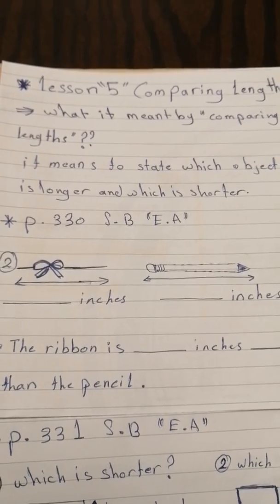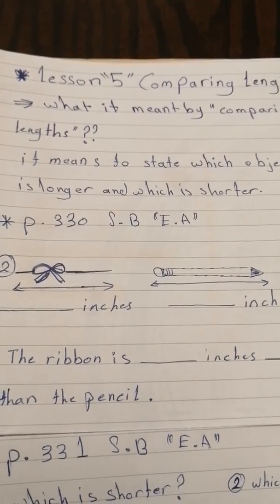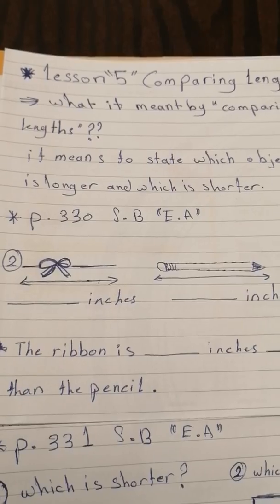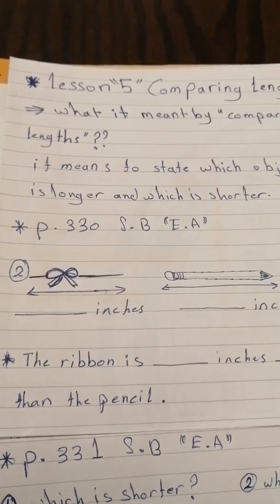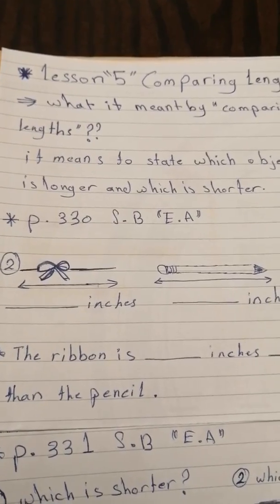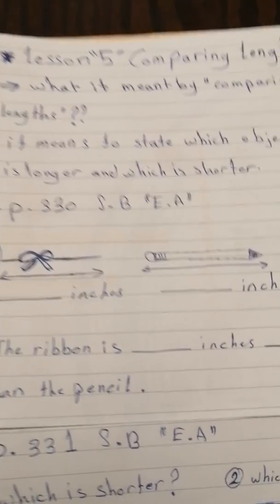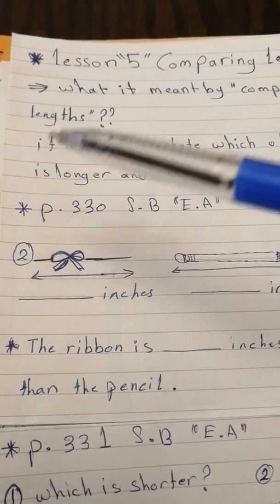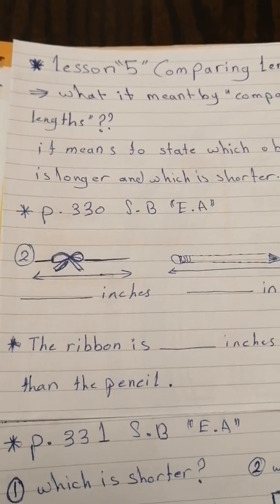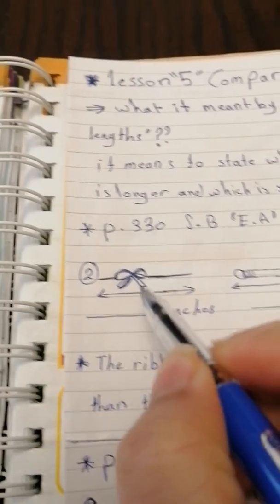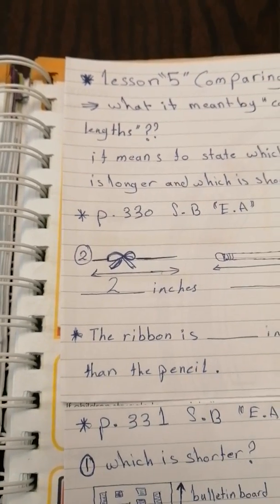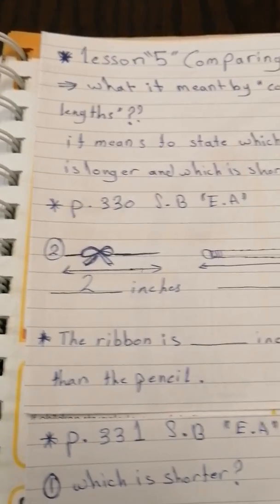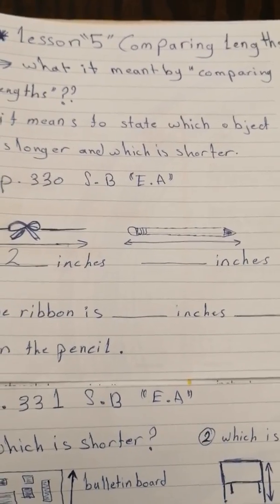So with your inch ruler, please measure these two objects. You will find that the ribbon is nearly 2 inches. It's about 2 inches.